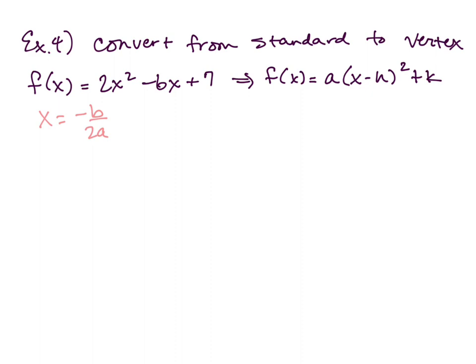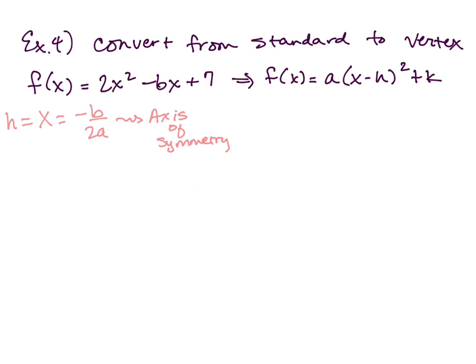The axis of symmetry. Well, where is the vertex located? It is on the axis of symmetry. So I can find that x value, and in fact, this could be called h, because it's the x point from my vertex.